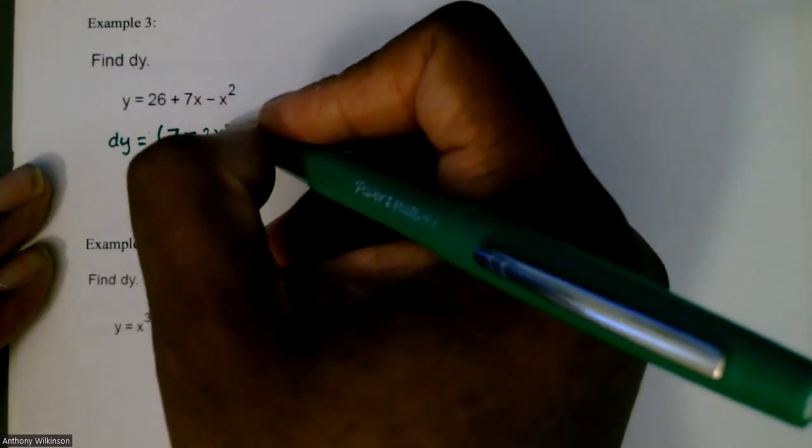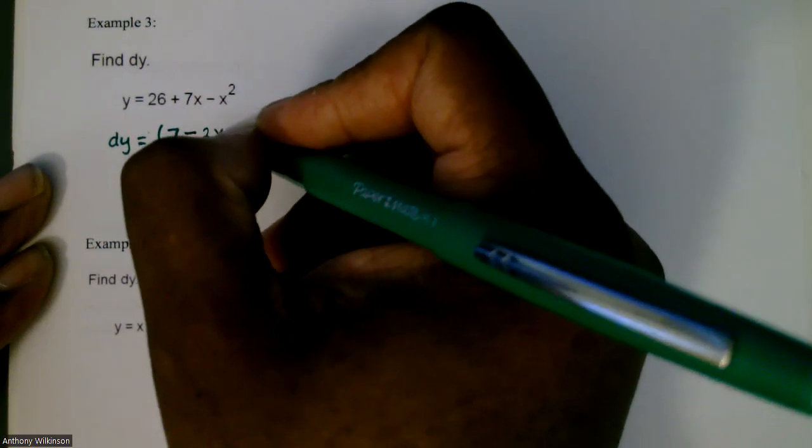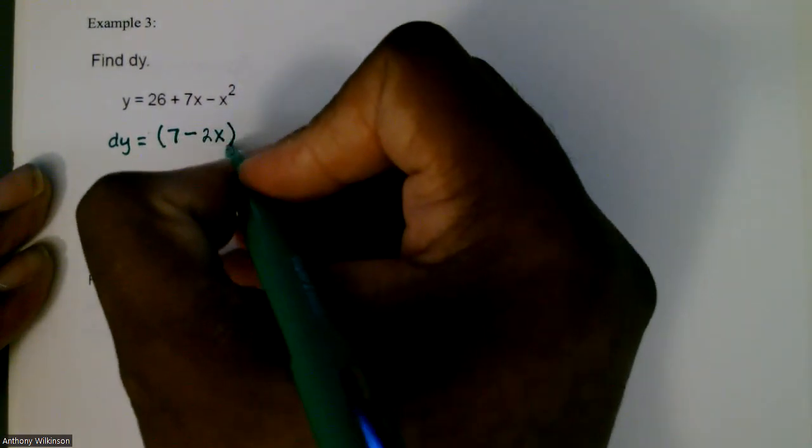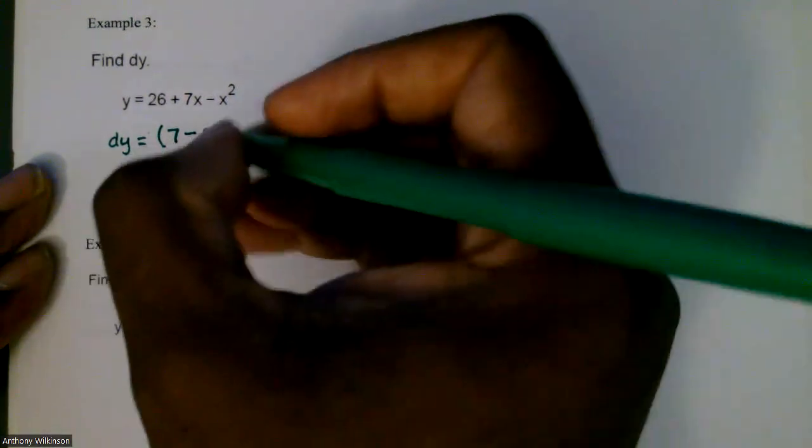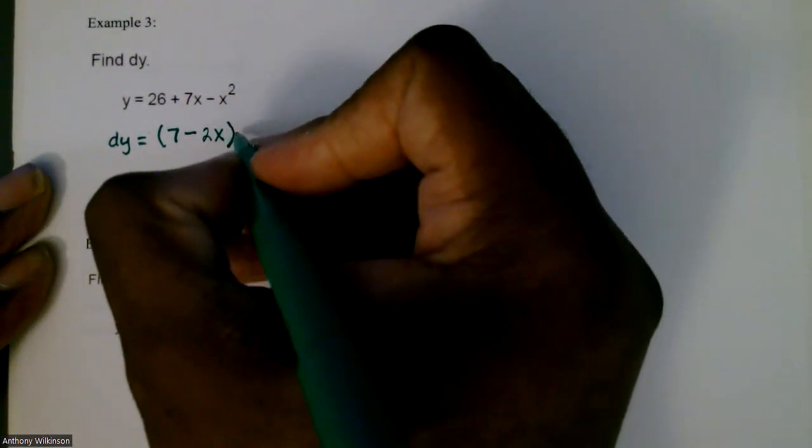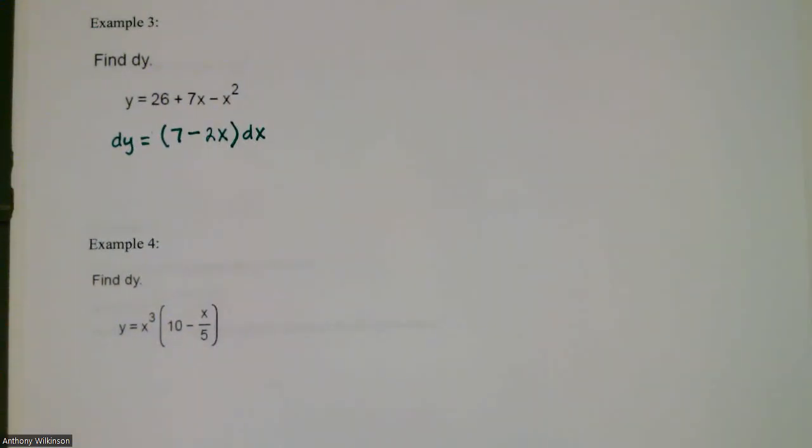So 2 minus 1 will be 1. So it'll be 2x to the 1 or just 2x. So dy will be 7 minus 2x, and then we include dx. And that 7 minus 2x, of course, is in parentheses. So that means that dy would be equal to 7 minus 2x times dx.